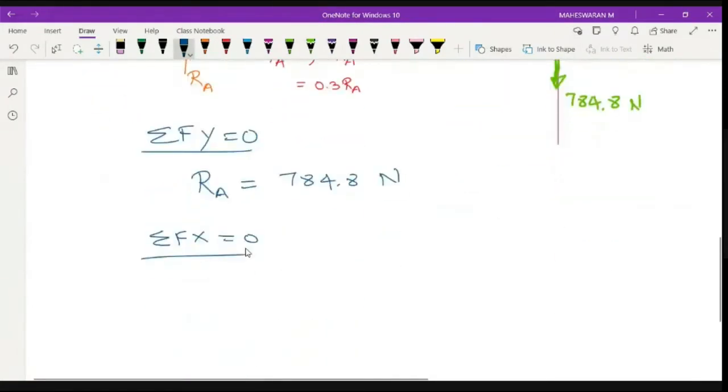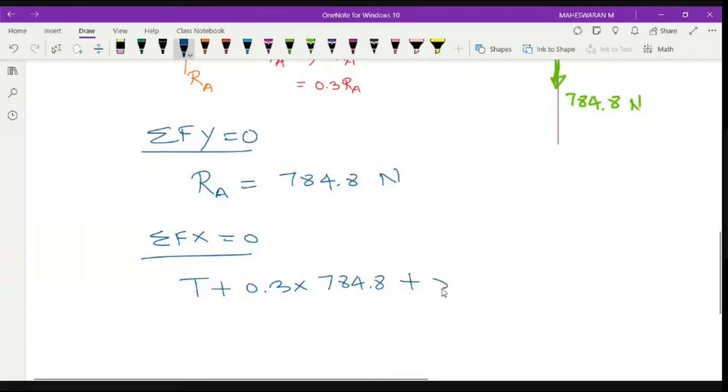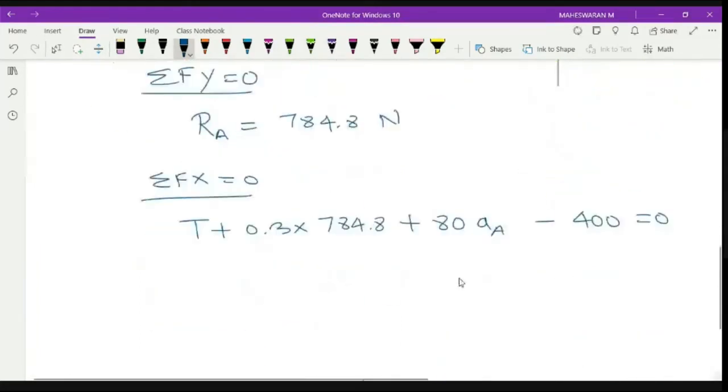So T plus 0.3 into RA. I know the value, so I'm substituting it: 784.8, plus 80 aA, minus 400 is equal to 0, because 400 is in the opposite direction, right? So these are the overall terms. So what will you get?